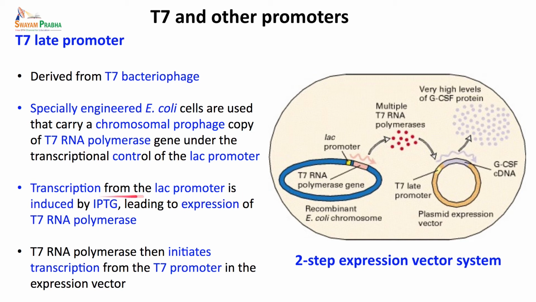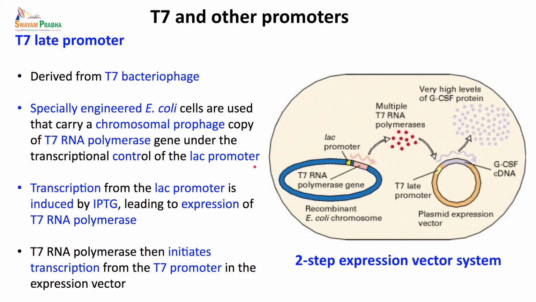And once transcription is induced from the lac promoter by IPTG, it will induce the expression of T7 RNA polymerase. That is because this prophage is under the control of the lac promoter. Okay, so in the chromosomal copy, the T7 RNA polymerase prophage copy is put under the transcriptional control of the lac promoter.